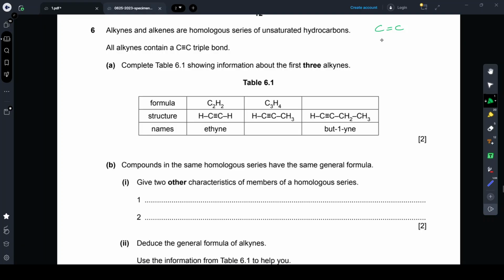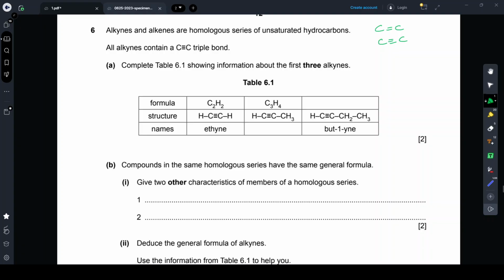Alkynes, although it's not in your syllabus, I may have mentioned, they've got a triple bond. And they're also mentioning it over here: all alkynes contain a carbon-carbon triple bond.